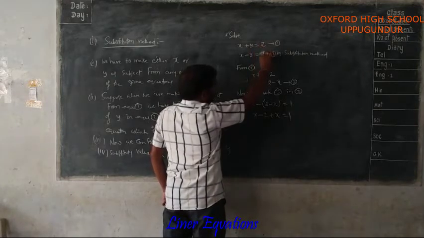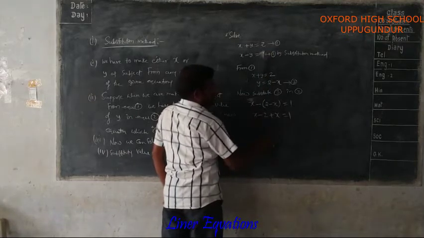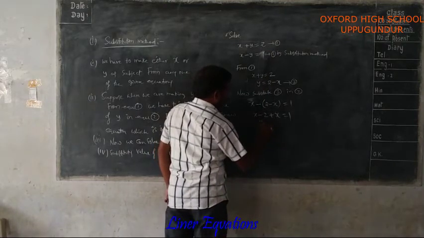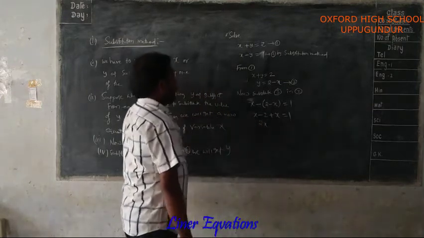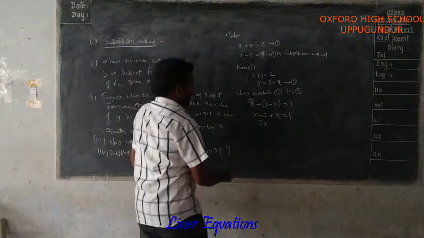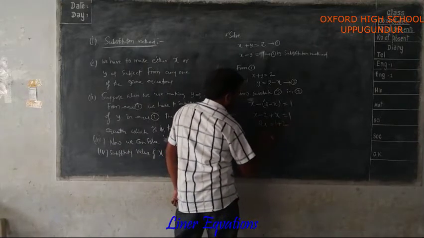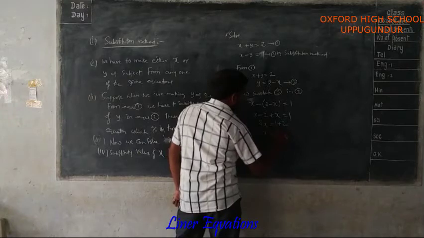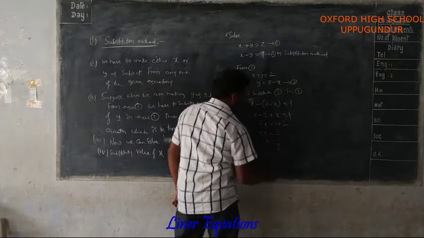So x plus x, 2x, equal to, transposing the minus to this side, 1 plus 2. 2x equal to 3, x equal to 3 by 2.